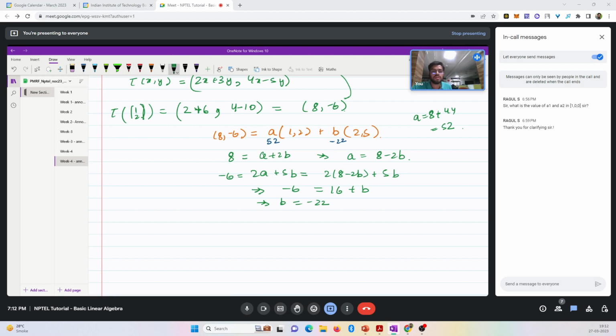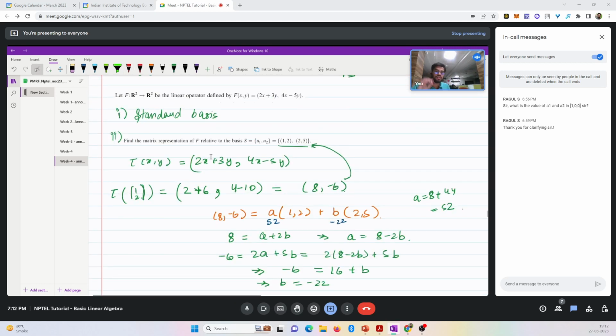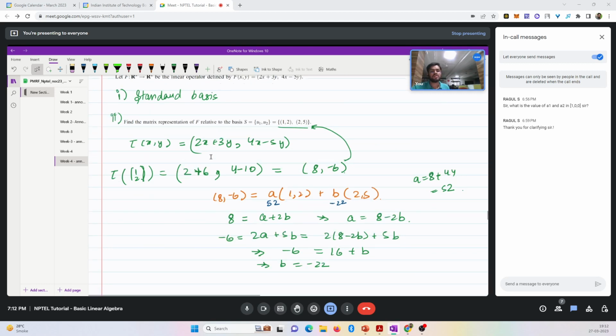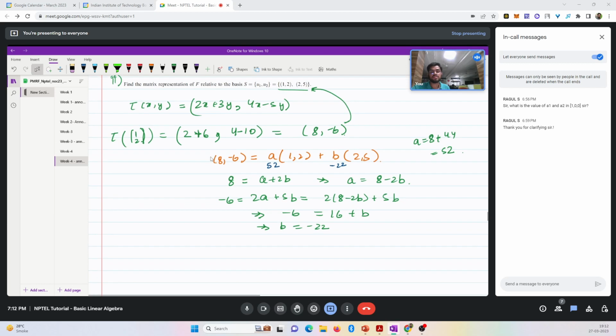Now you can see why we were choosing the standard basis in the first place, because then your computations become very easy. Okay, so now T of 2 comma 5, if you evaluate, what you would get is 4 plus 15 comma 8 minus 25, right?